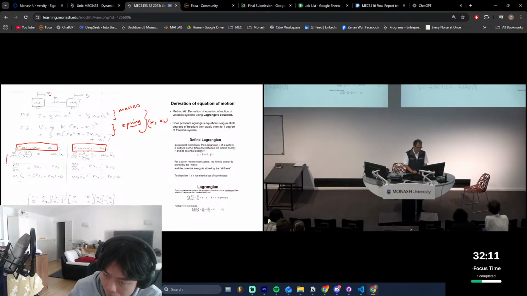So here is the derivative that I have done when considering x1, and over here x2. So delta T delta x1, and delta T delta x2.